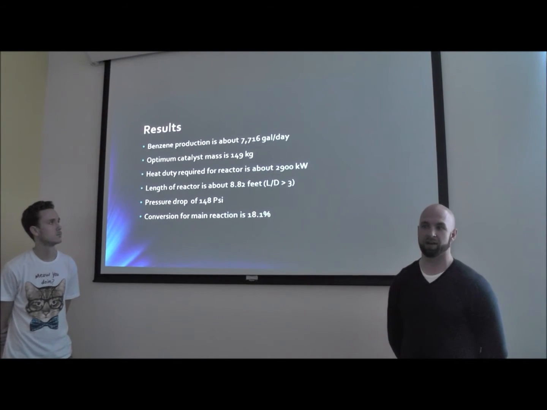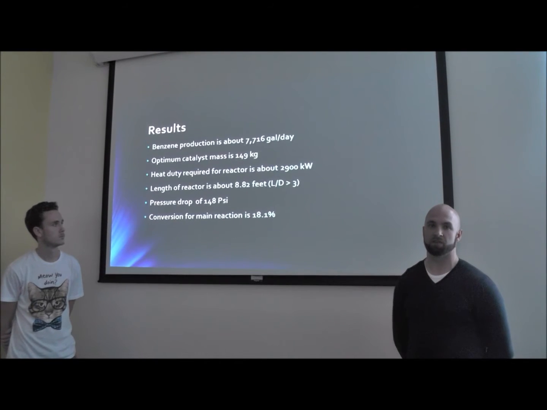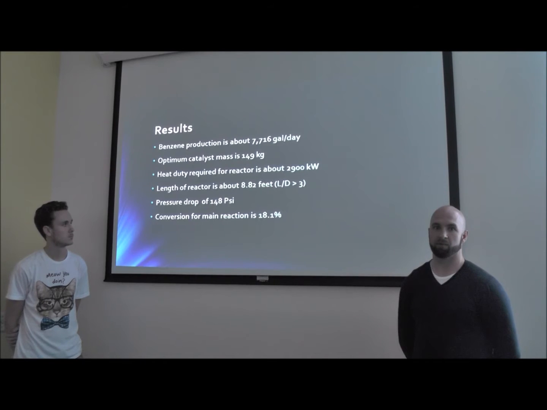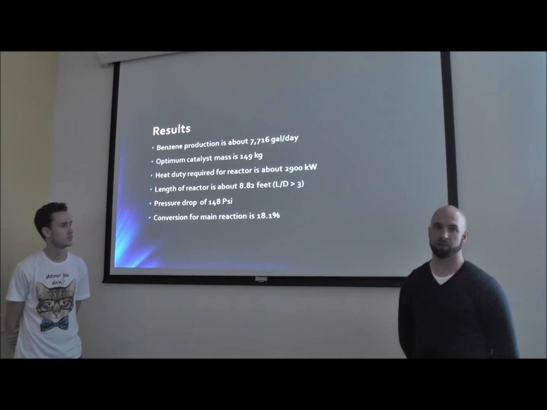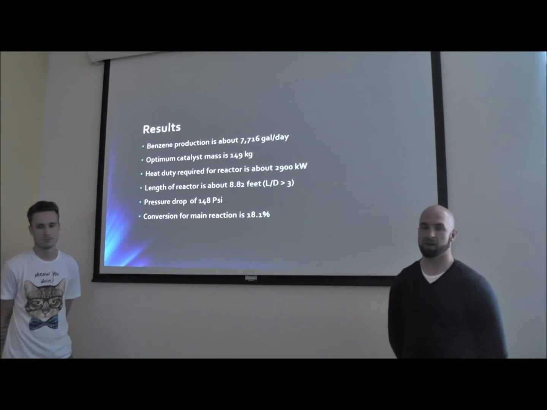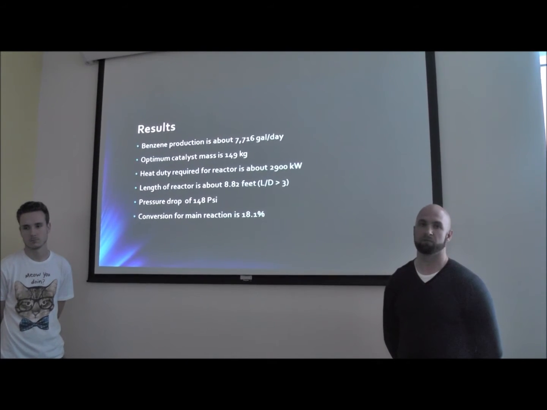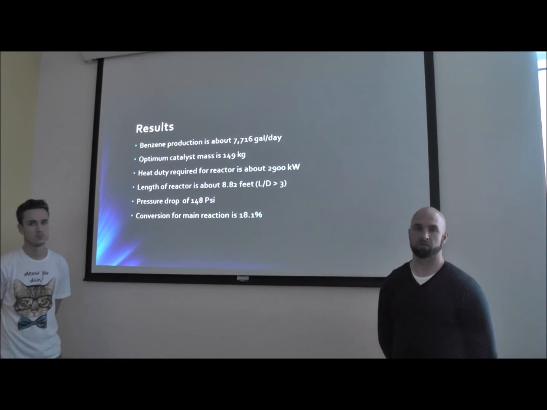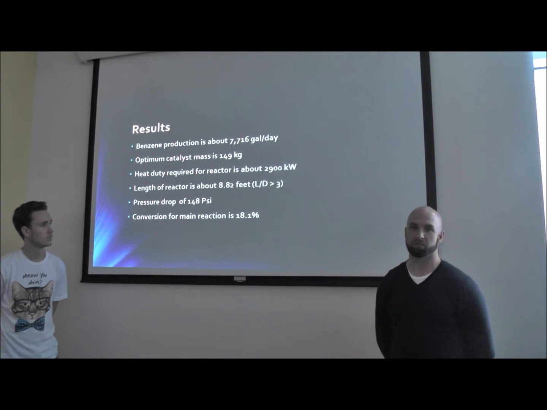The length of our reactor is 8.8 feet, so almost 9 feet, which results in a length over diameter ratio much greater than 3, so we should have good developed flow. The pressure drop, as we mentioned, is about 148 psi, which is about 10 atmospheres, and the conversion for the main reaction is about 18%.